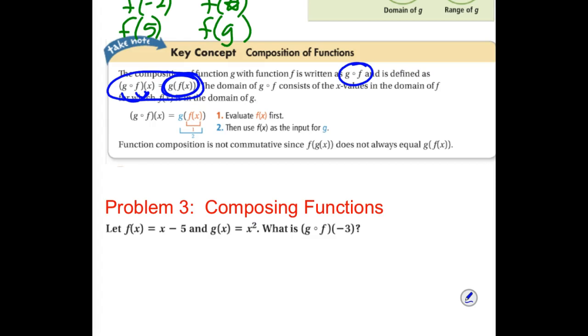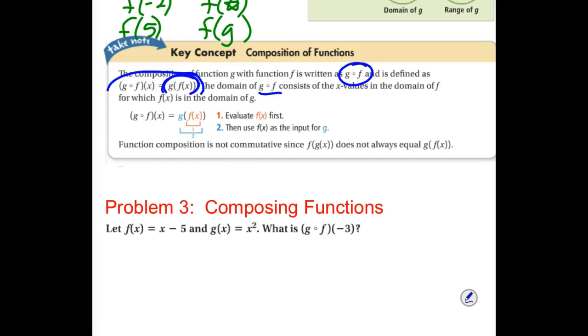The domain of your composition, g of f, consists of x values in the domain of f for which f of x is now in the domain of g. What that means when we actually do a composition is that we are going to look at any domain restrictions on the inside function and any domain restrictions that come up in our final answer.